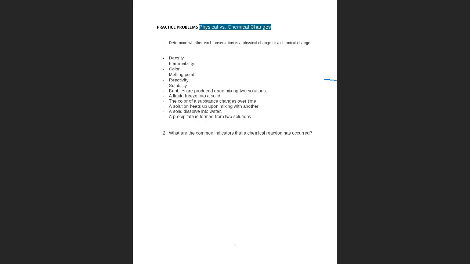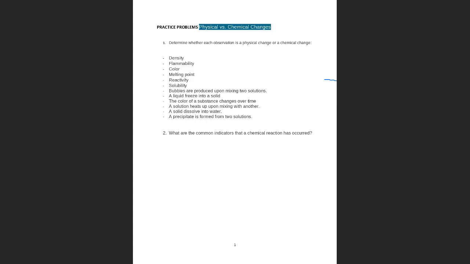You don't need to know the reaction right now, but it's a chemical reaction. The rust is an oxide. It's not iron metal anymore. That is a chemical reaction. And all those observations that you are going to make today or whenever you do the report, those are chemical reactions because you are observing a change in color. All those signs that we said we have to observe are signs of chemical reaction.